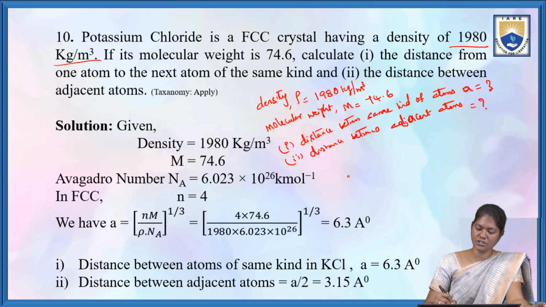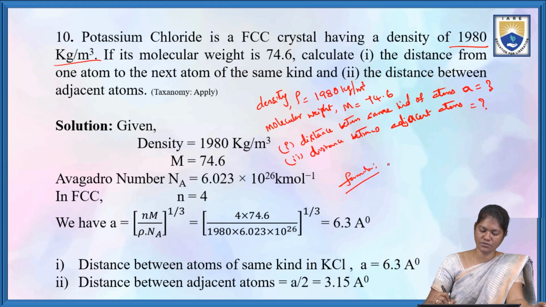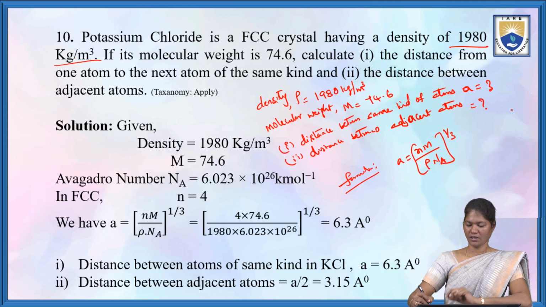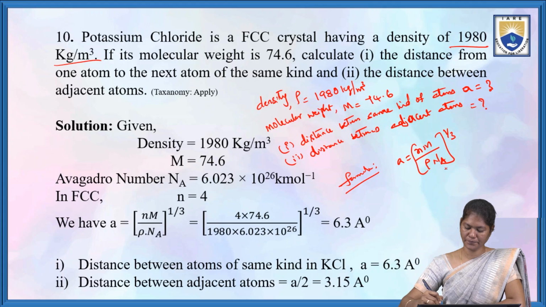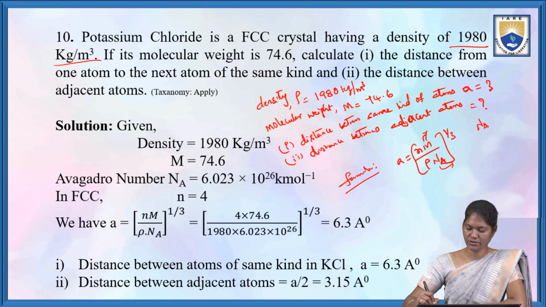So for this, the formula which we are going to use is a is equal to (nM by rho Na) whole power 1 by 3. Here, M we know, and Na is Avogadro's number, 6.023 into 10 power 26 per kilomole.